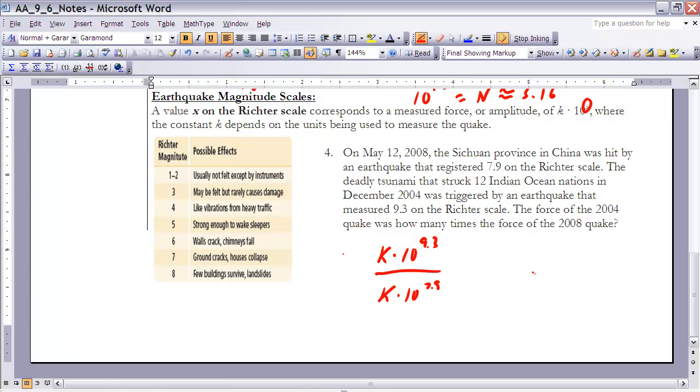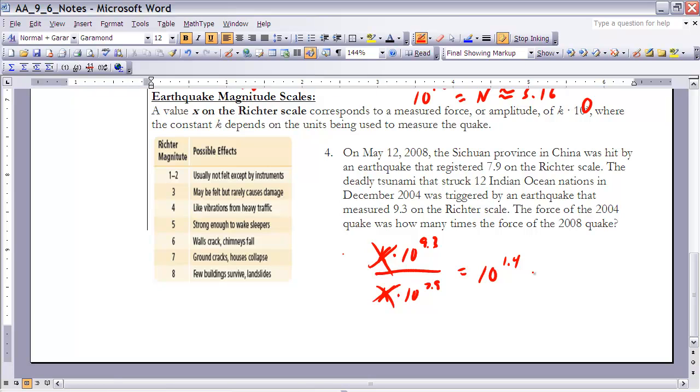Well, in both cases, it doesn't matter what units we're measuring this in. Those k values are going to cancel out. So I'm really left with 10 to the 9.3 over 10 to the 7.9. I can subtract the exponents there, and if I do that, I get 1.4. So that's the same as 10 to the 1.4.